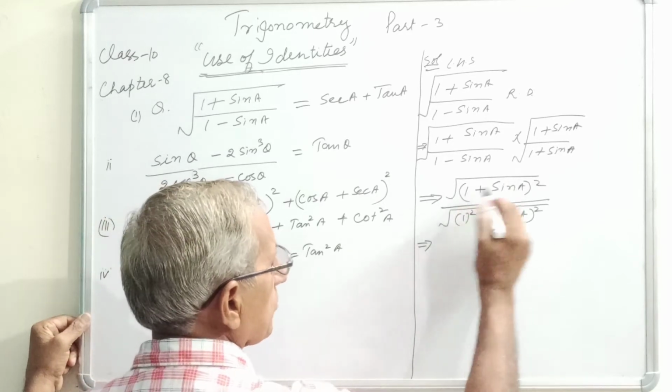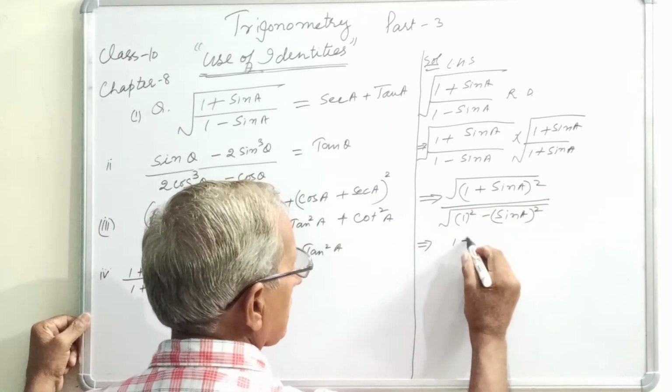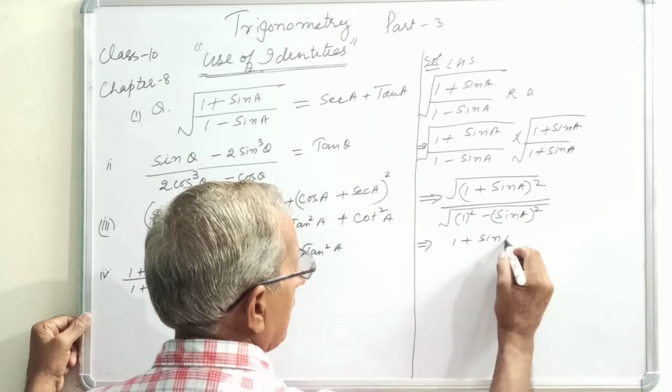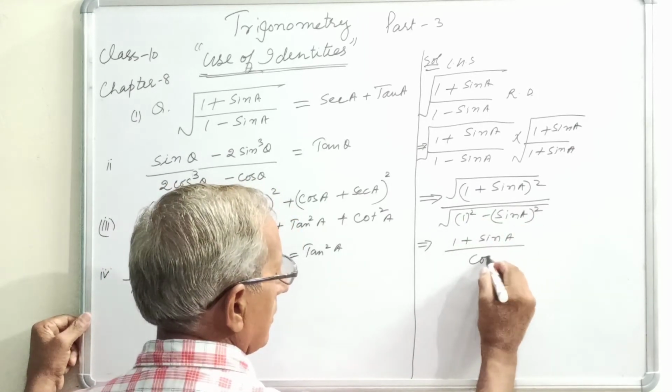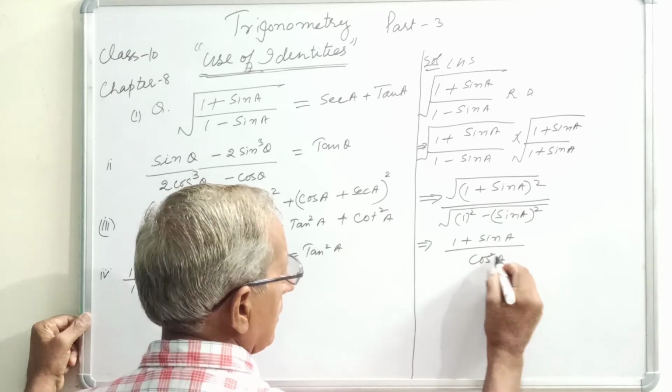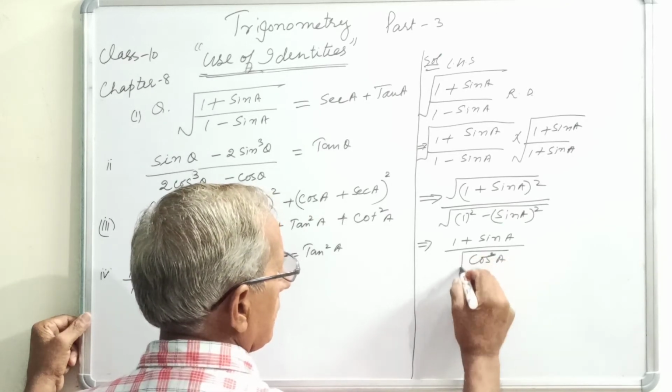So the numerator has become 1 plus sin A, whereas in the denominator that is cos square A under root.